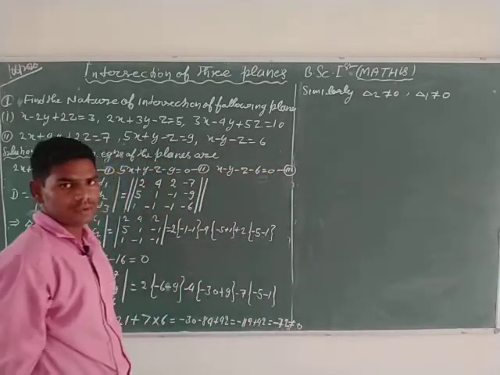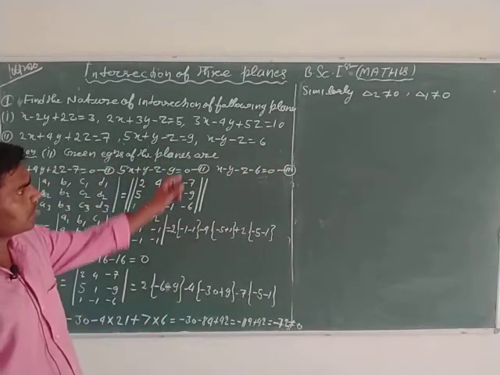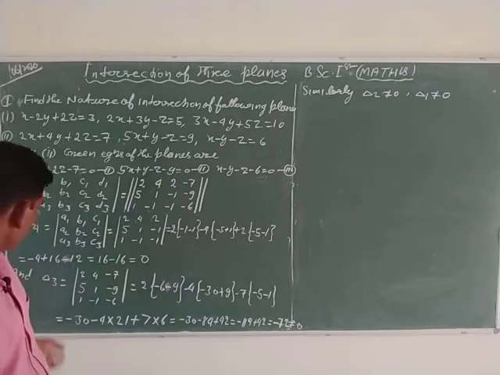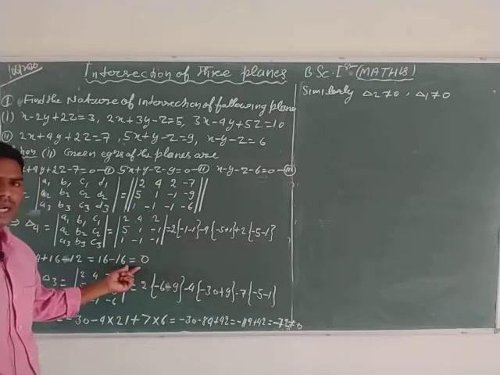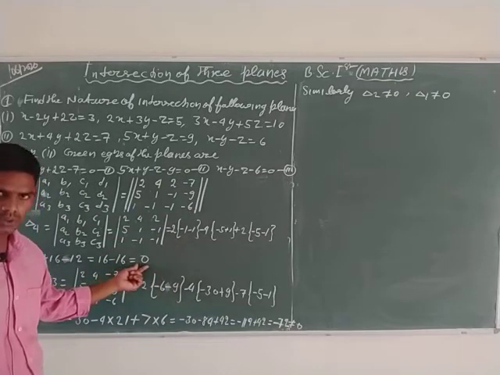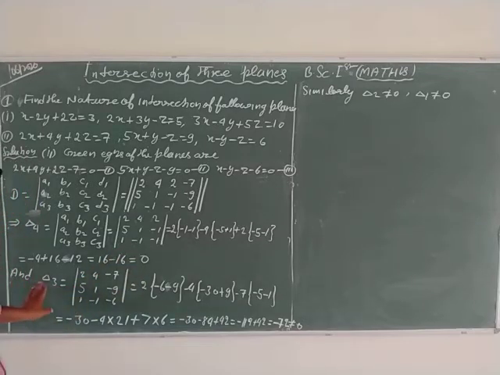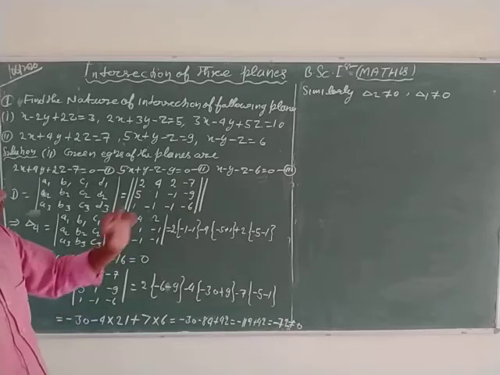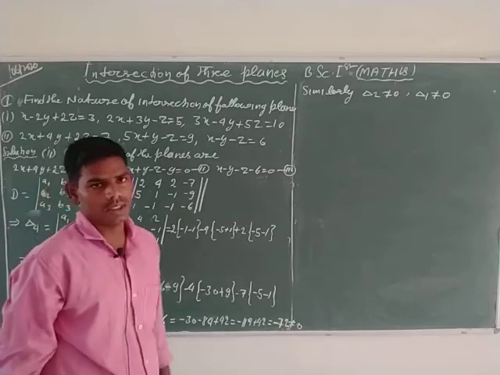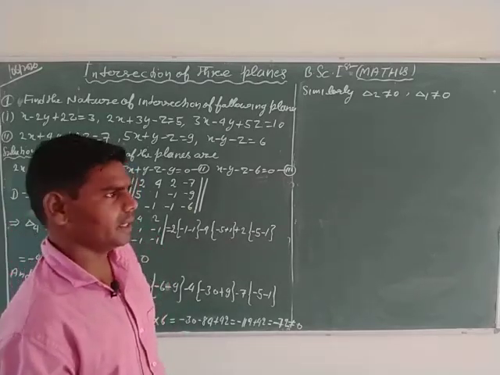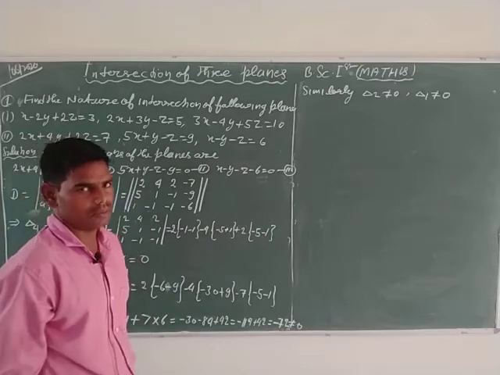Therefore, according to the rule for the intersection of three planes, if delta 4 is equal to 0, and delta 3 is not equal to 0, or delta 2 is not equal to 0, or delta 1 is not equal to 0, then the intersection will be a triangular prism.